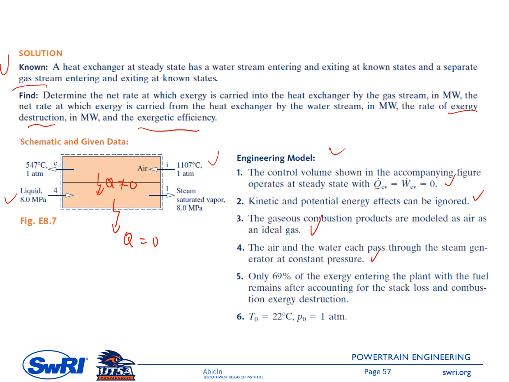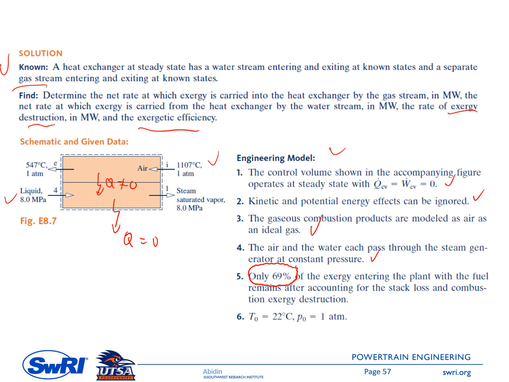And then assumption number 4, the air and the water each pass through the steam generator at constant pressure. So there is no pressure drop in this problem. And then, I think we missed this number in the example. Number 5, only 69% of the exergy entering the plant with the fuel remains after accounting for the stack loss and combustion exergy destruction.